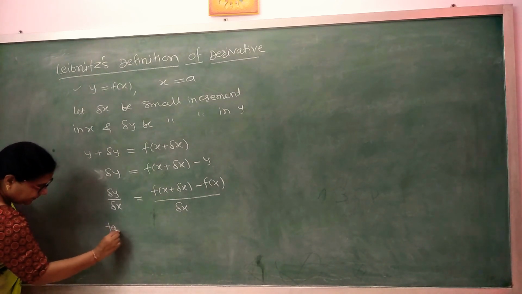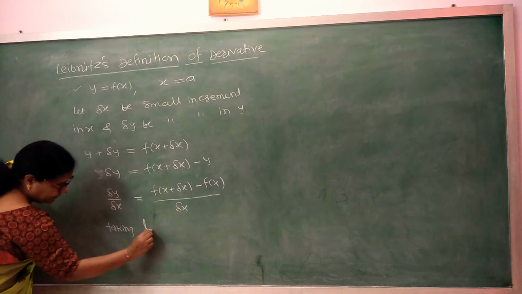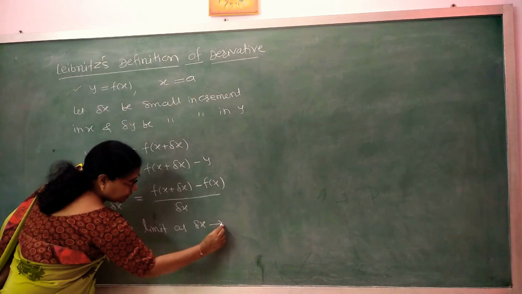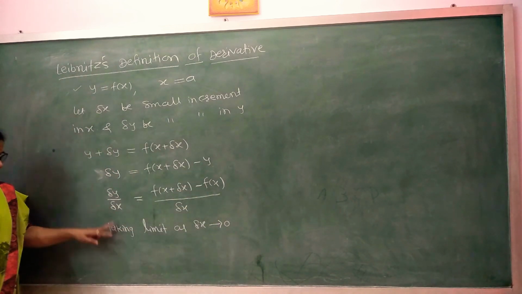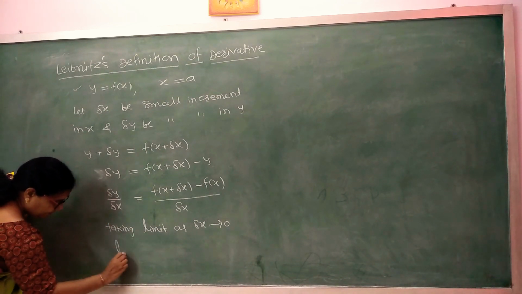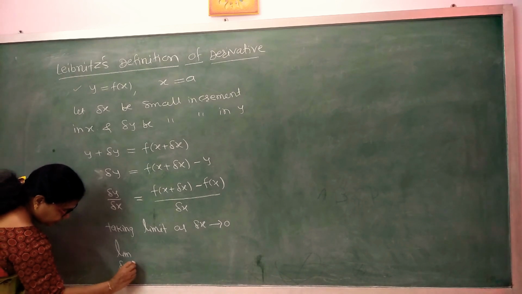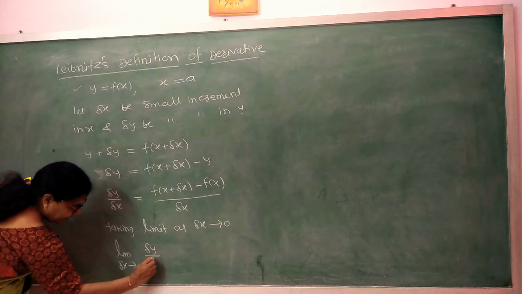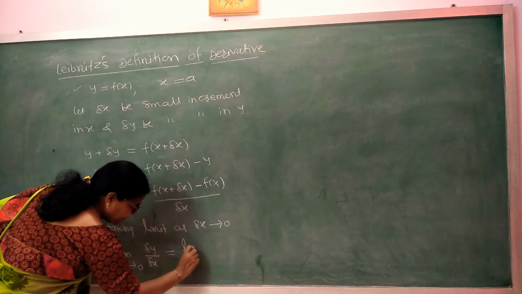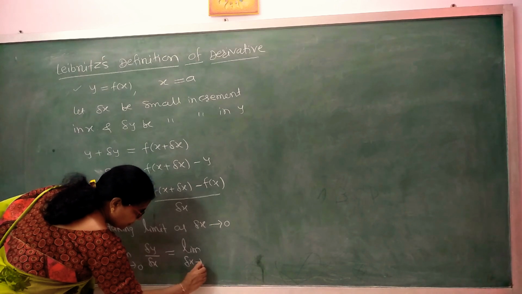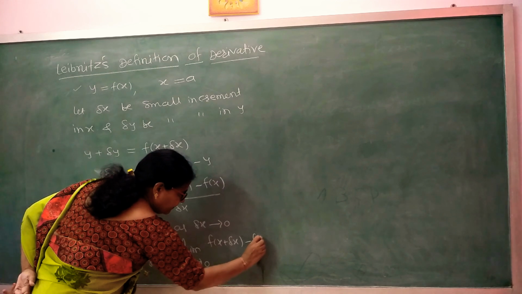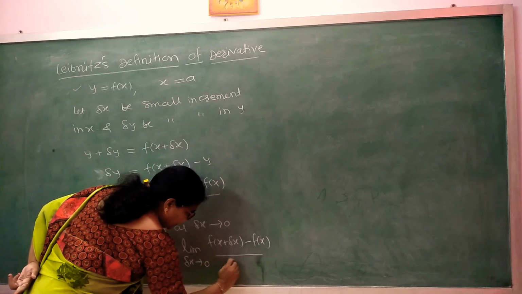Now taking limit as delta x approaches to 0, limit delta x approaches to 0, delta y by delta x is equal to limit delta x approaches to 0, f of x plus delta x minus f of x divided by delta x.